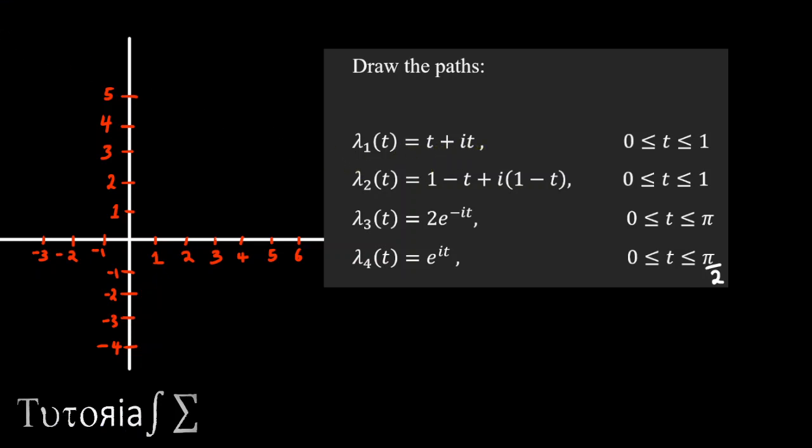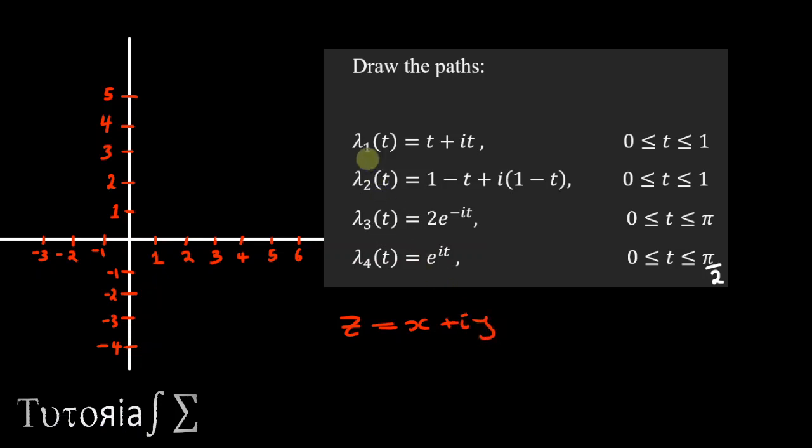To make an equation, you need to consider the fact that a complex number z can be written as x plus iy, where x is the real part and y is the imaginary part.